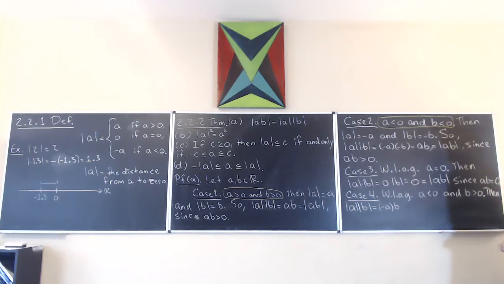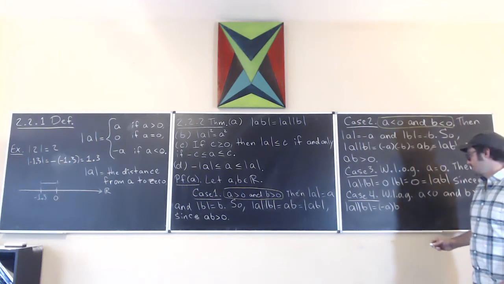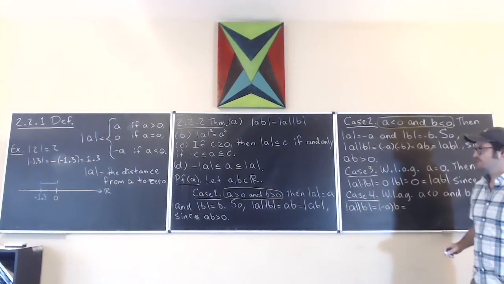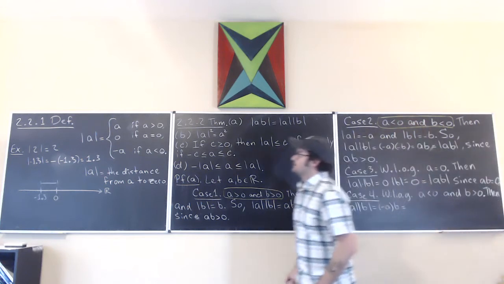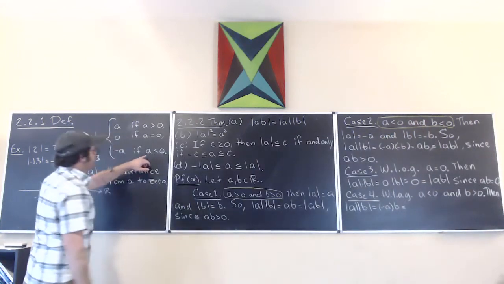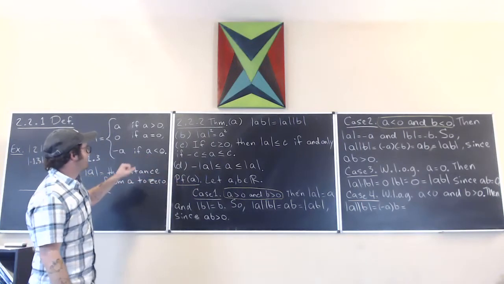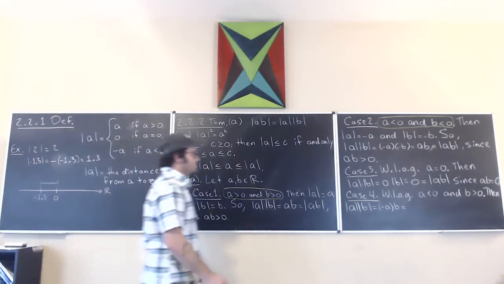Okay. And this is going to be equal to, so the inside, so if A is negative and B is positive, then the product is less than 0.